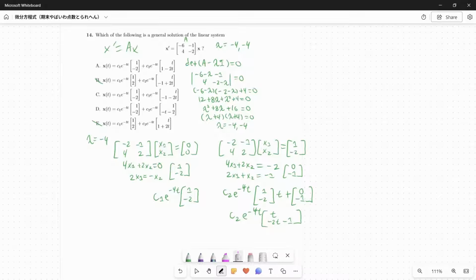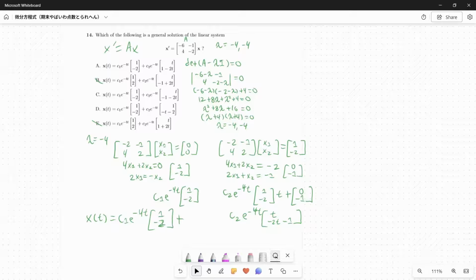And so from here, let's come up with our general solution. We can say that x of t is going to be equal to c sub 1 times e to the negative 4t times the vector 1 and negative 2, plus our second linearly independent solution.